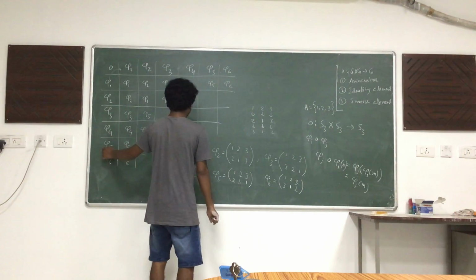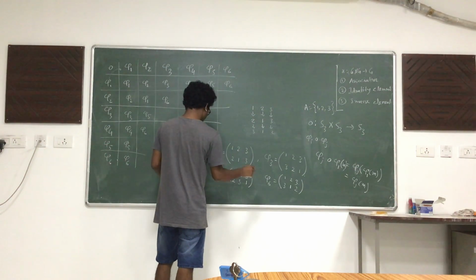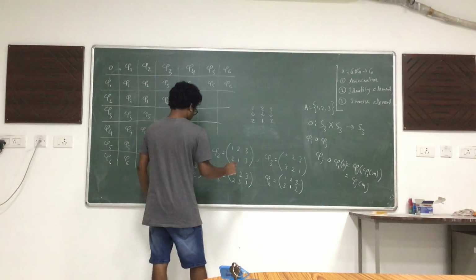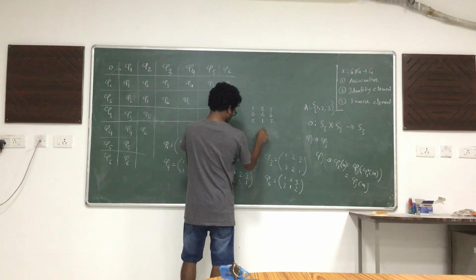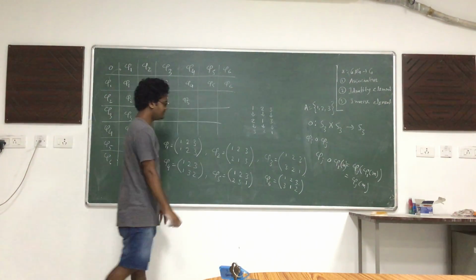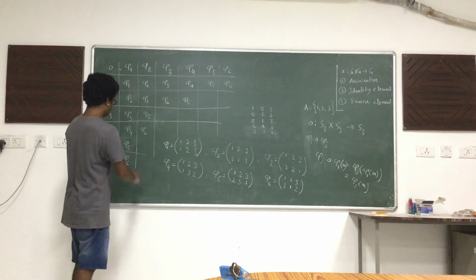Phi 5, phi 2, right? Then act phi 5 on it. 1 goes to 2, 2 goes to 3, 3 goes to 1. 3, 2, 1, phi 3.